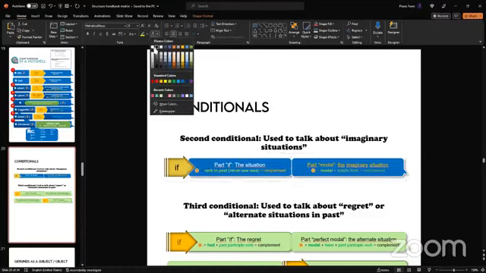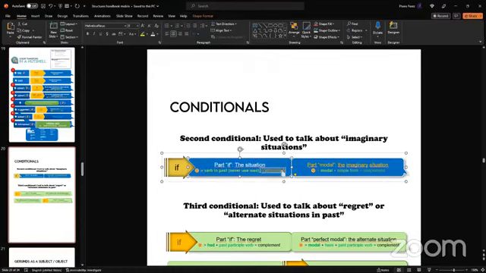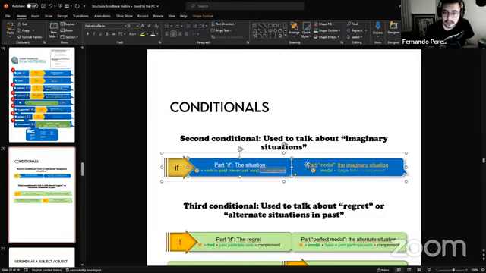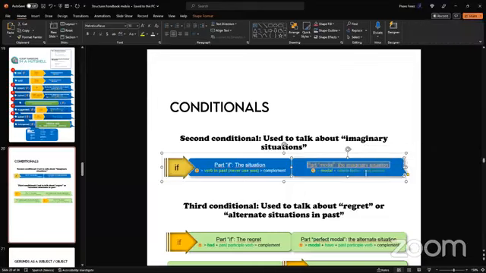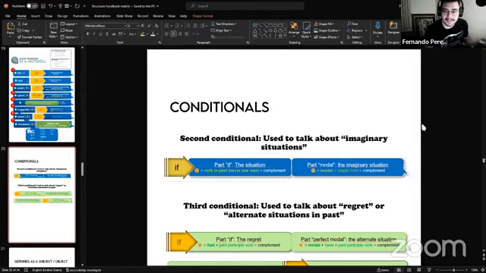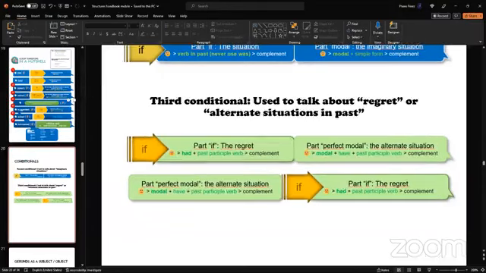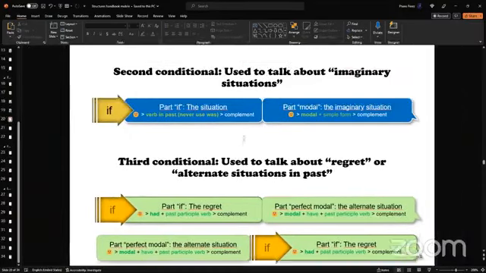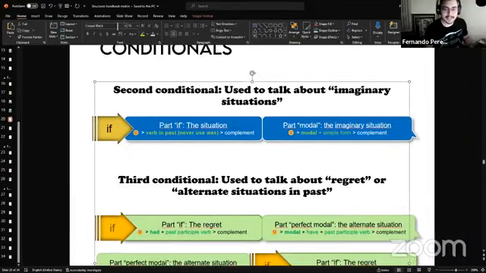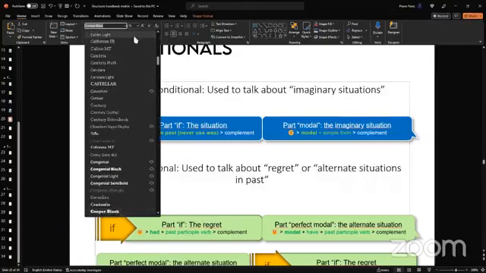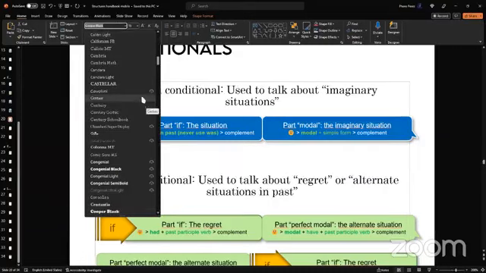Teacher, is this PowerPoint or which application is it? What do you mean? Yeah, this is PowerPoint. That's very useful.